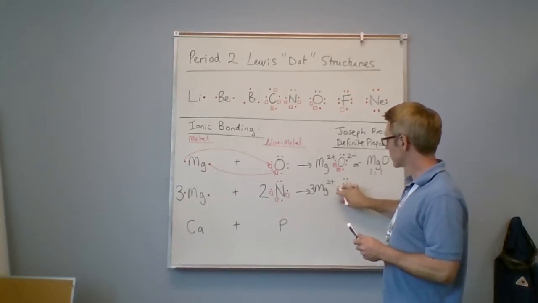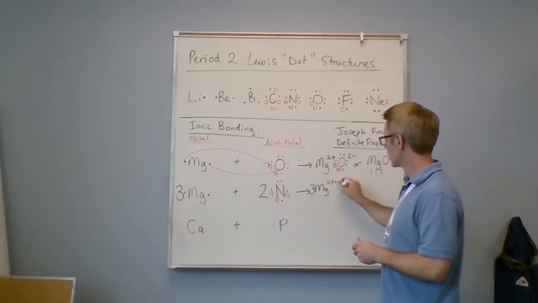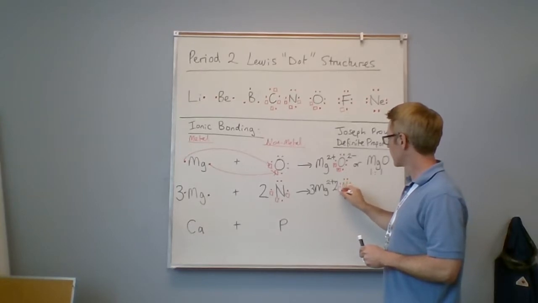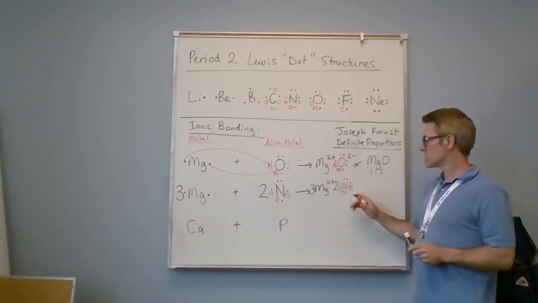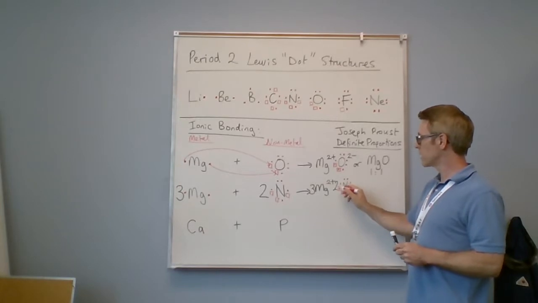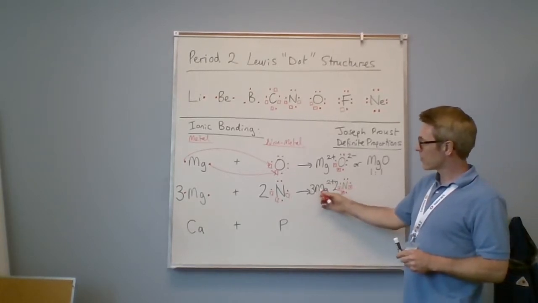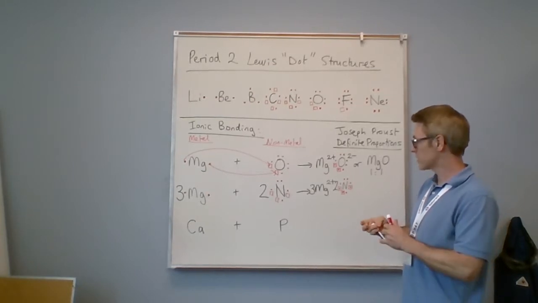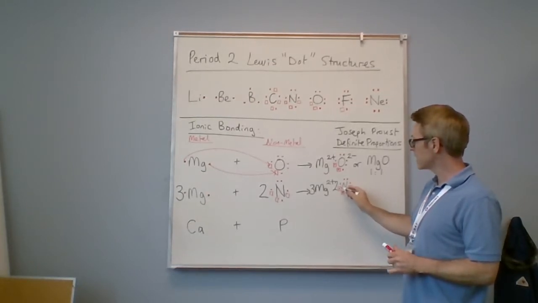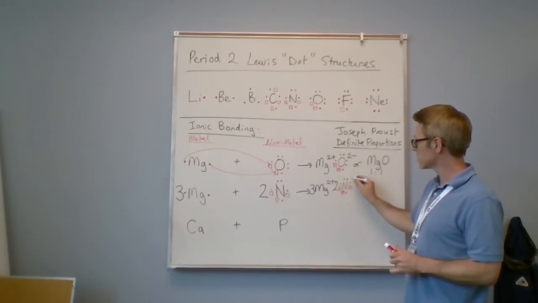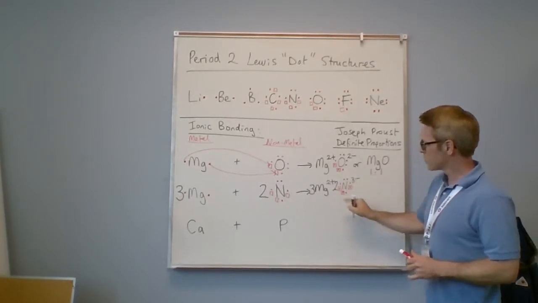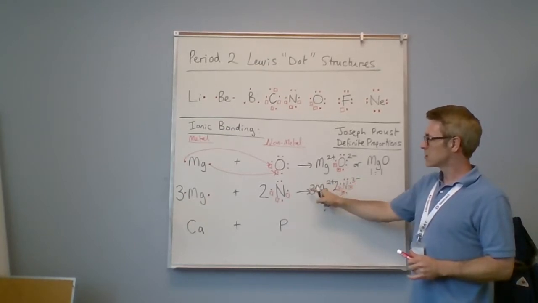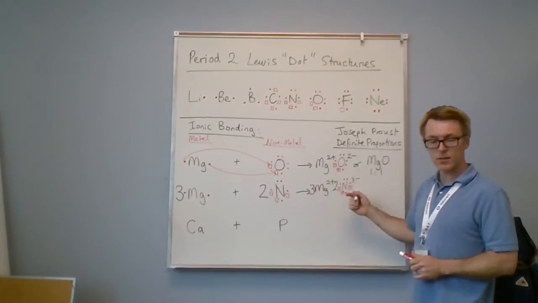Let's put this 2 out the way. So each nitrogen now has been filled. So whereas I've got 3 multiplied by +2, which is 6 positive charges, each nitrogen has gained 3 negative charges. So I've got 2 multiplied by 3 negative, 6 negative charges. So 6 positive and 6 negative sums to 0.